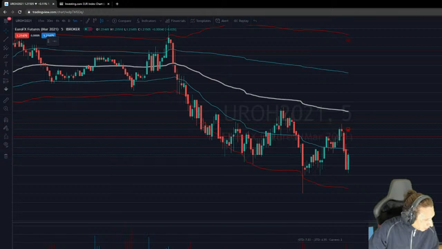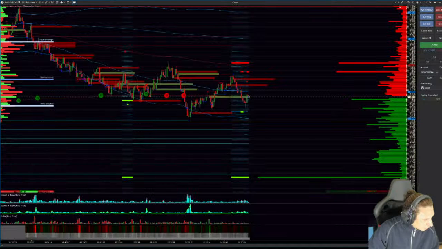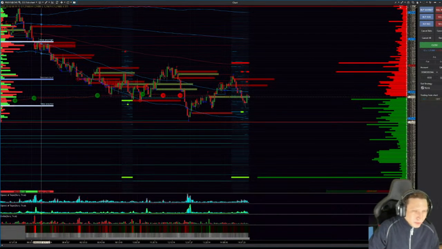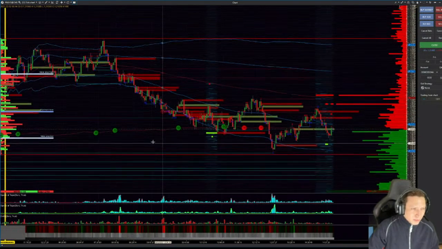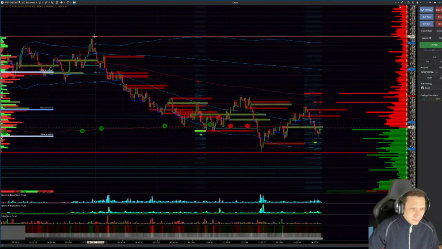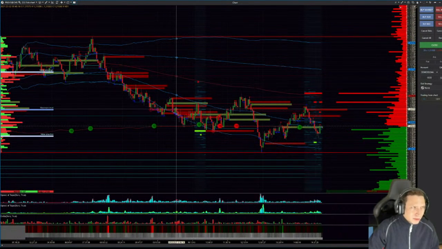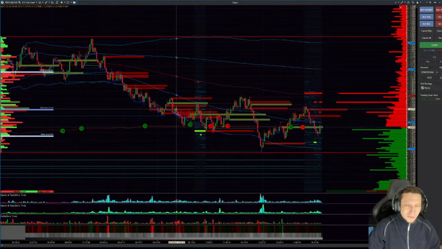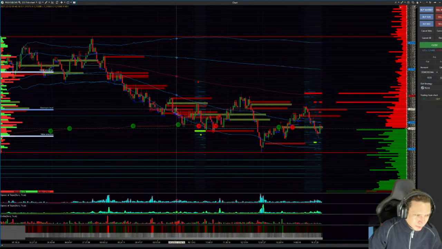Let me take the TradingView out so you can see the other chart. Okay, here you are. Here we can see this is a tick chart 233, which is the one that I operate with.